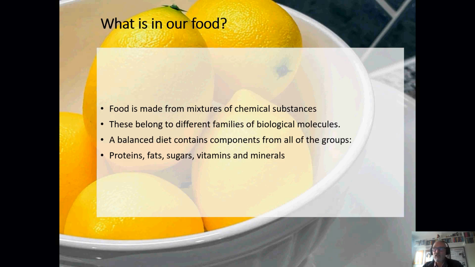But in the end, in the fruit itself, whatever it is, whether it's lemons or bananas, we have complex mixtures of chemical substances. And this is not just fruit, it's also food in general. So if we're talking about flour, we are talking about complex carbohydrates, the starches, for example. If we're talking about meat, we're talking about proteins.